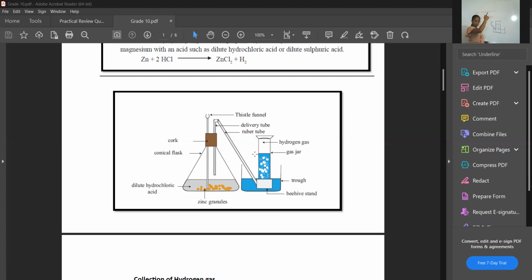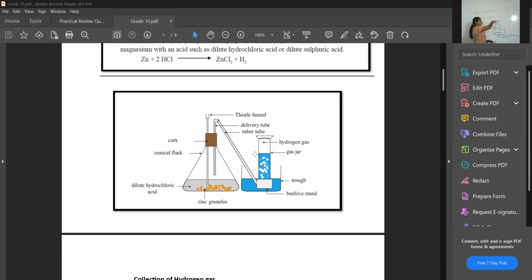So we name this method, the collecting method of hydrogen gas, downward displacement of water.